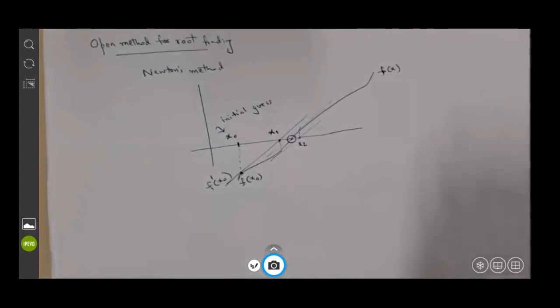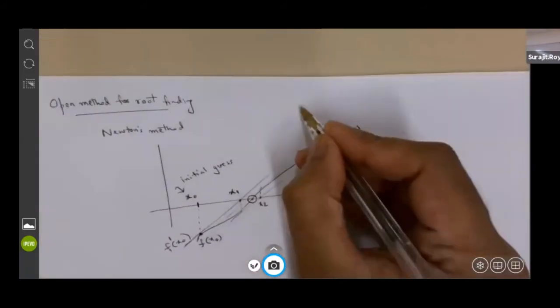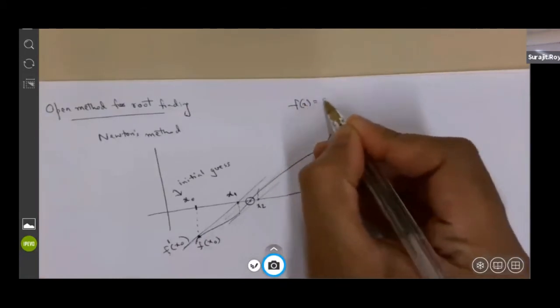Professor, I'm kind of confused by that, because wouldn't f prime of x naught be equal to 0, because f x naught is a constant, right? No, I'm not taking a derivative of f of x naught. For example, let's say f of x is equal to sine of x.